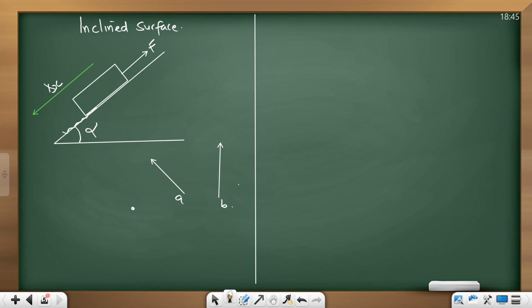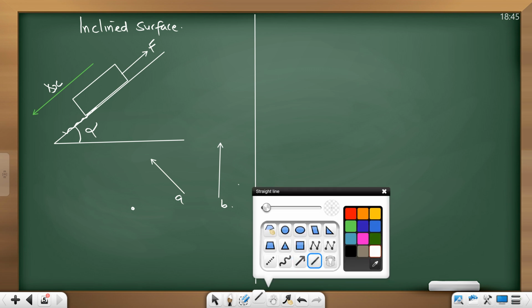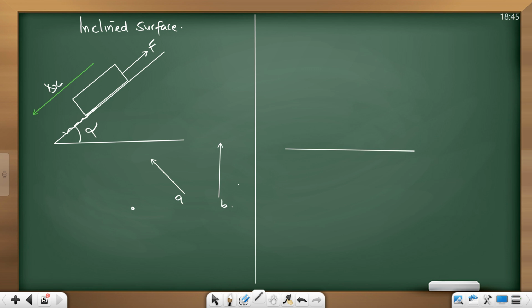It's A. Let us just draw that normal force. Look, the whole idea is this. If I have a surface like that, this would be my normal force, right? Okay. I want to do something for you.